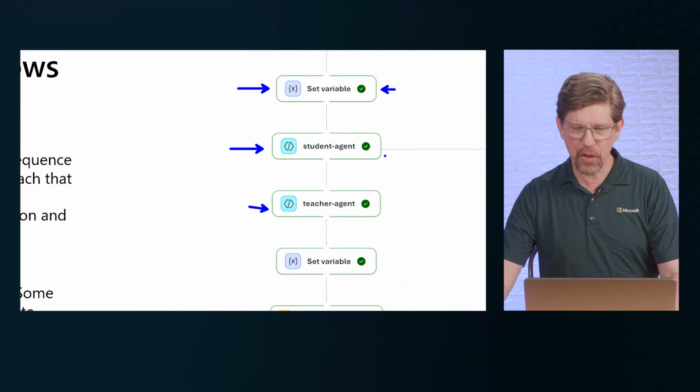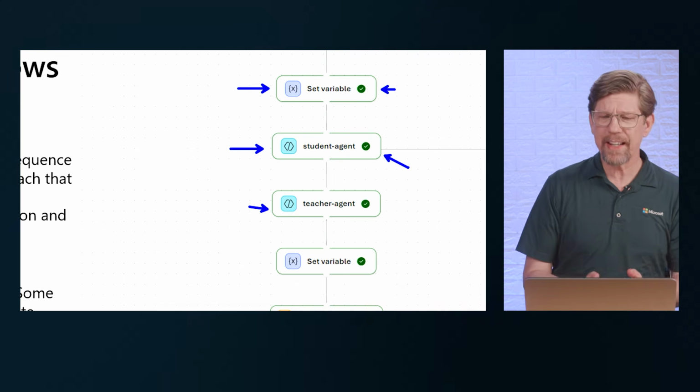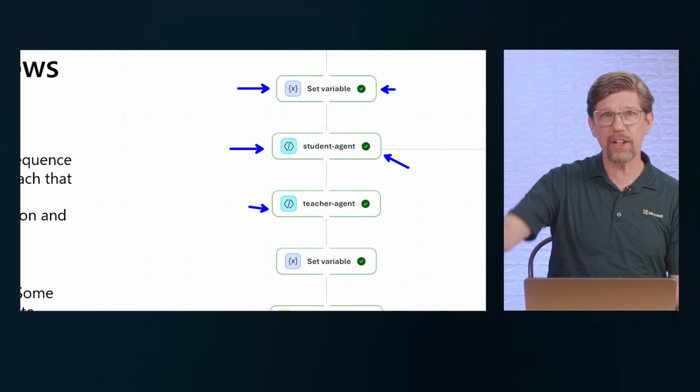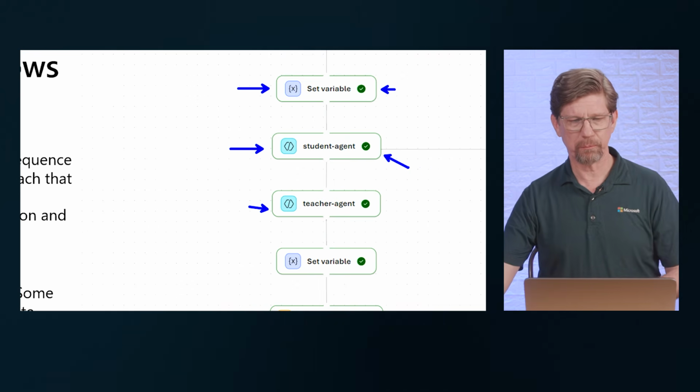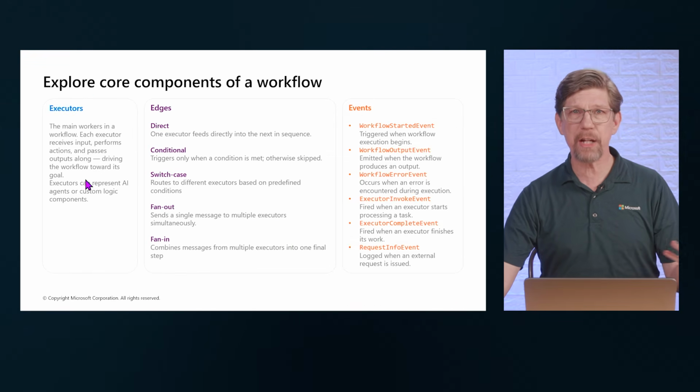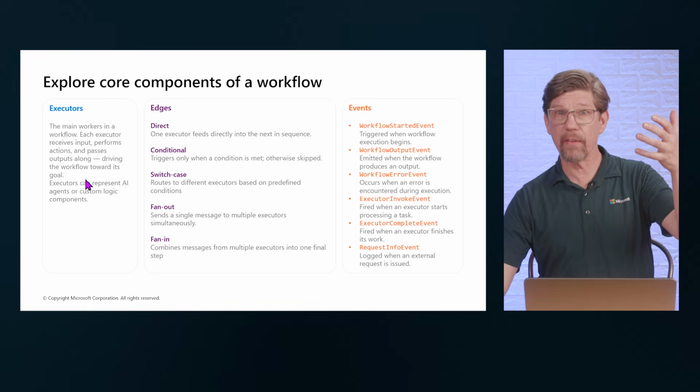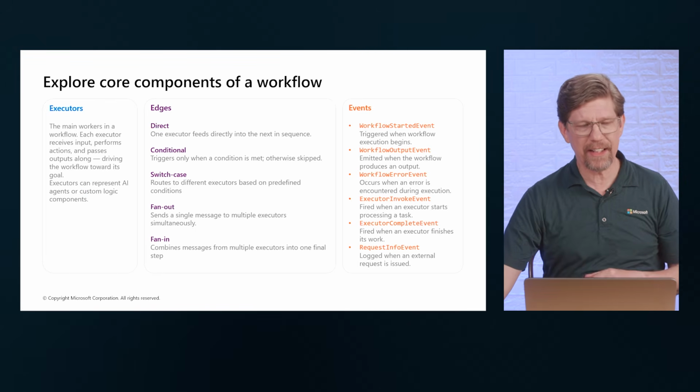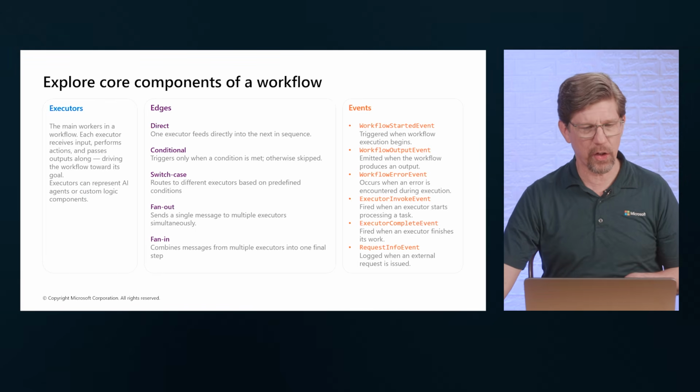This node right here, also an executor, has the ability to call into a particular agent. So they're all executors. They each receive input from the system that went before them and could potentially pass output to the systems that go next. They can be logic or they can be agent calls.